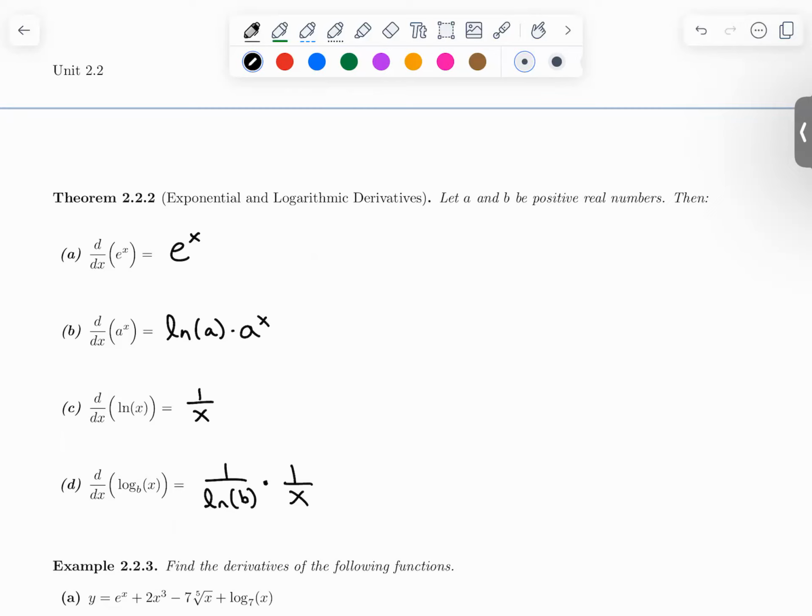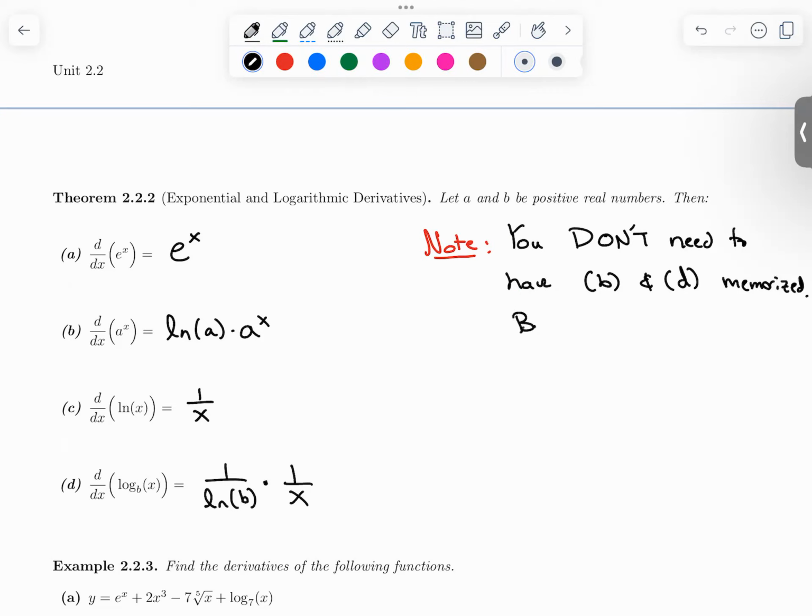Now I can tell you 100%, as a note, you don't need to have B and D memorized. But A and C need to be.